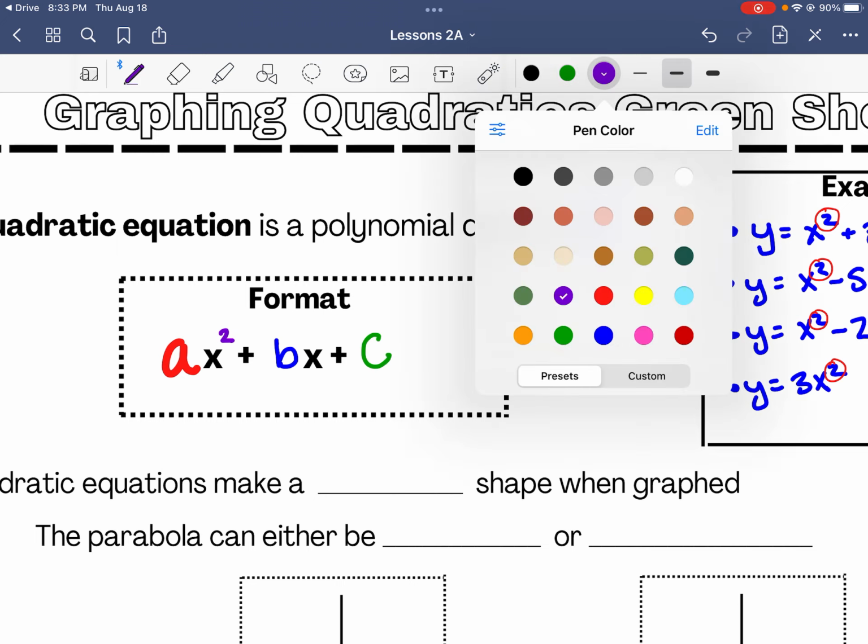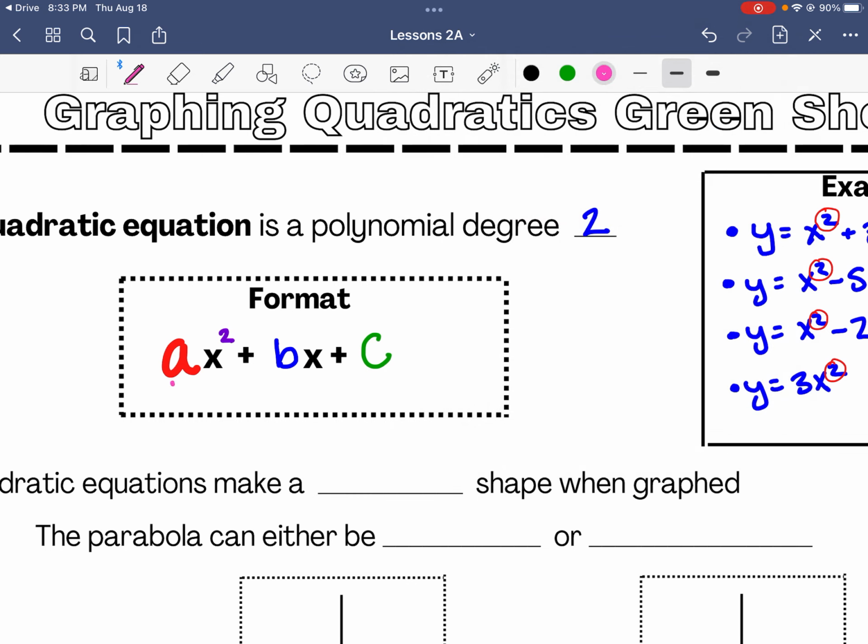So to recap, using some vocabulary, a, b, and c are all variables, meaning that we're going to plug in these numbers, okay? They're just placeholders. And this 2 up here is our degree. Remember how I said it's of degree 2? That's where it comes into play.